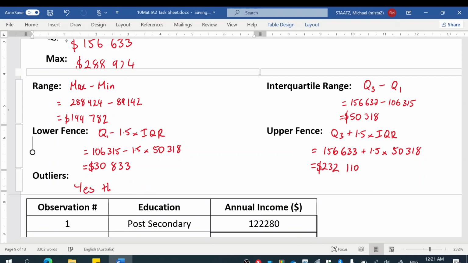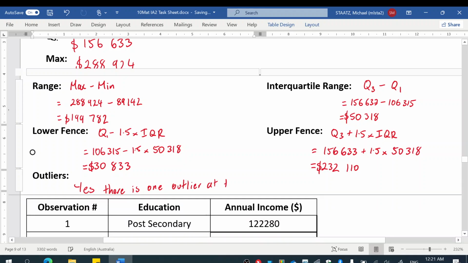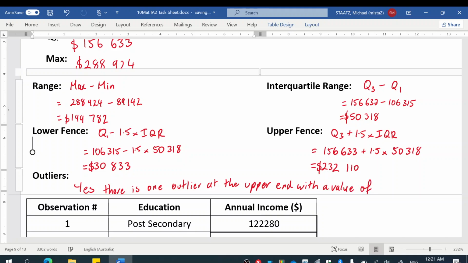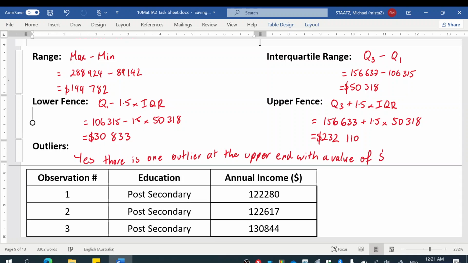Yes, there is one outlier at the upper end with a value of 288,924.